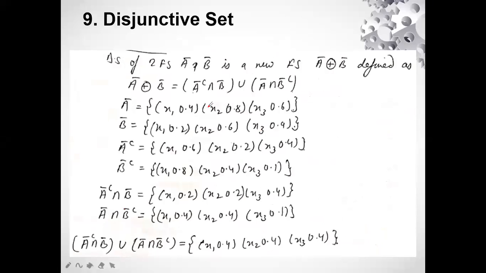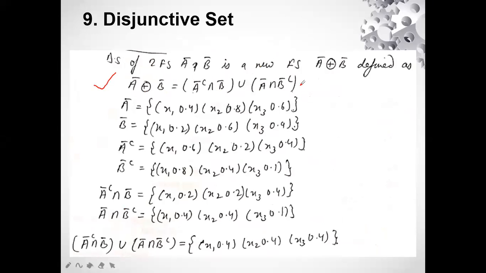Now lastly, we have the disjunctive set. For the disjunctive set, we have the formula A bar XOR B bar. The formula is A complement intersection B bar, and A bar intersection B complement, and the union of both.